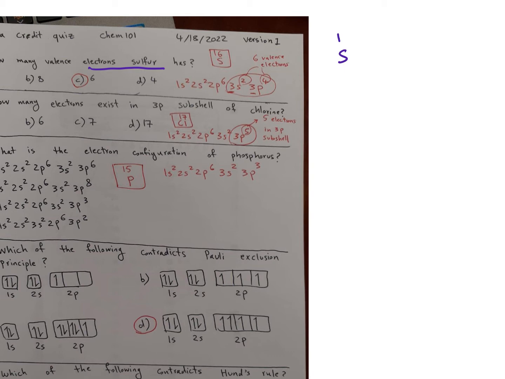16, right? So, as I told you, if you just remember this sequence that I'm going to write, 1s2. I told you this is the shell number. When n equals 1, whatever the number is, we have that number of subshells. So in n equals 1, we have 1 subshell, that is s. So if I write 2s, and each orbital has a maximum of 2 electrons with opposing spin, right?